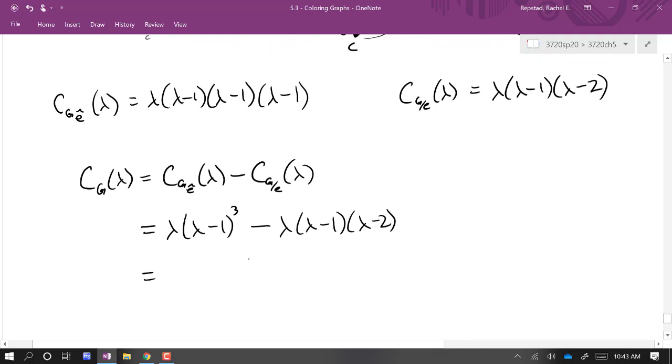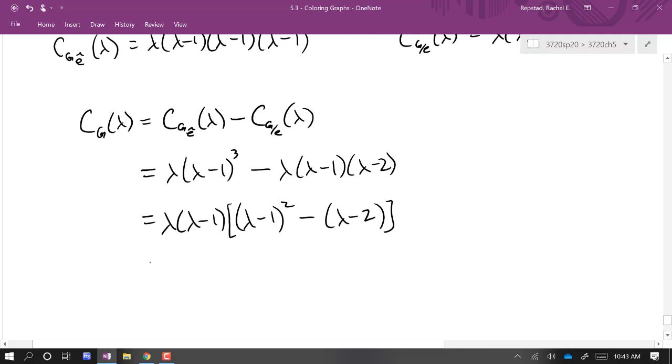We can take out a common factor of lambda, lambda minus 1. And then inside we have lambda minus 1 squared minus lambda minus 2. I'll expand the stuff in the brackets and combine like terms. So lambda squared minus 2 lambda plus 1, and then distributing that negative, minus lambda plus 2.